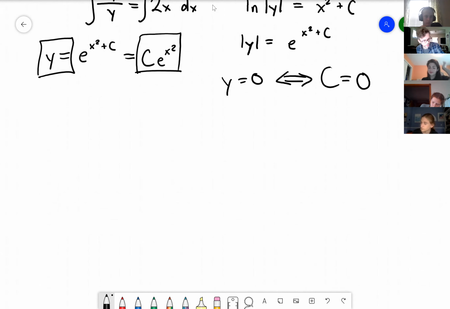Let's try a more difficult one. Actually, how much time do we have? Okay, we've got time for one. So let's say y prime is equal to e to the x plus y. We agreed this was a separable ODE earlier, so let's see if we can figure out what it is.